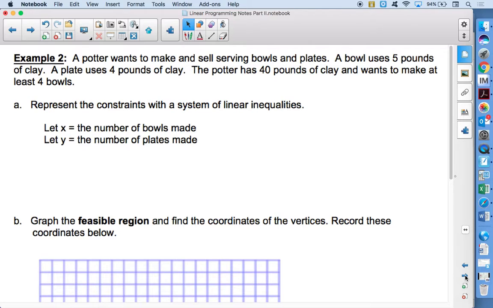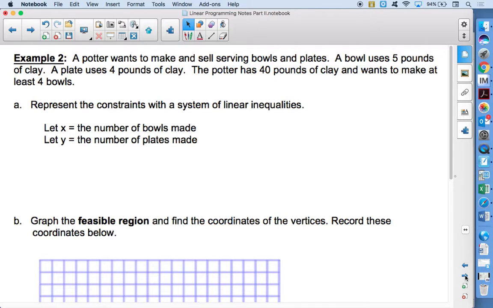Cooper, this one's about you, a potter. So, at the top of the next page, a potter wants to make bowls and plates, and I feel like it should have a different name than a potter.